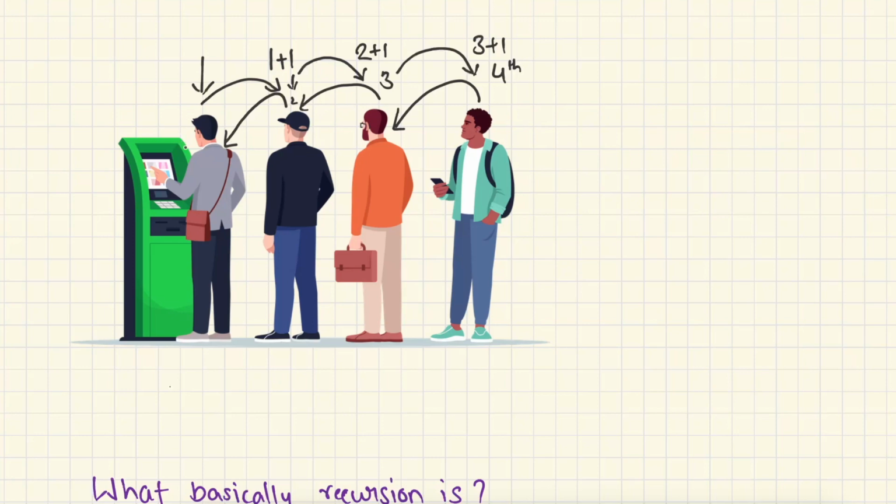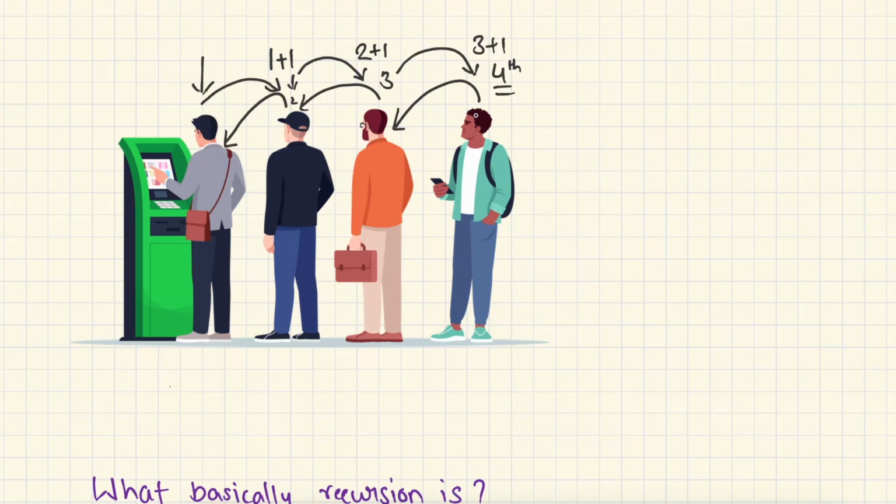And this way, when the problem reaches the last person, this person responds back to the caller, and this person also responds back to the caller, and this person also responds back to the caller. So this way we have divided the problem into smaller sub-problems and we got our answer, that I am at the 4th position. With this example we understood 2 things.